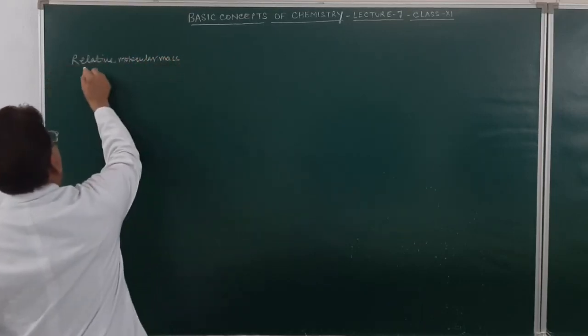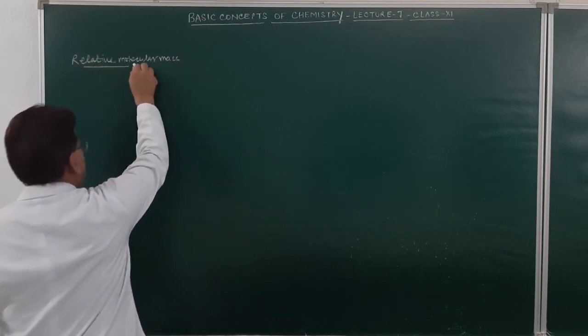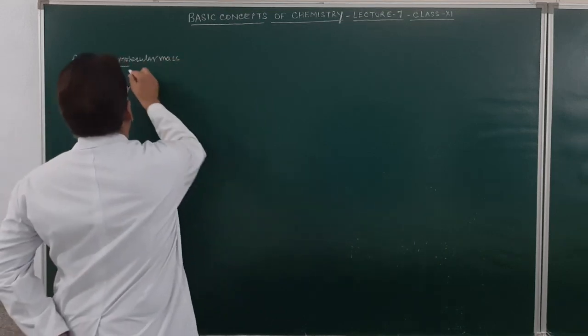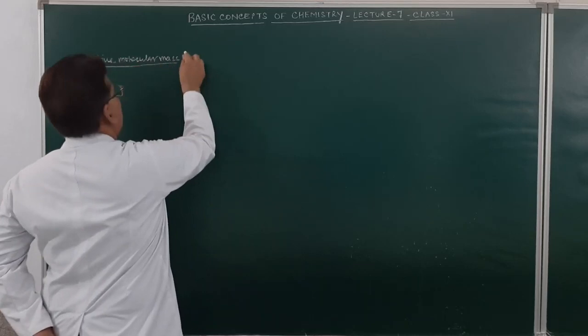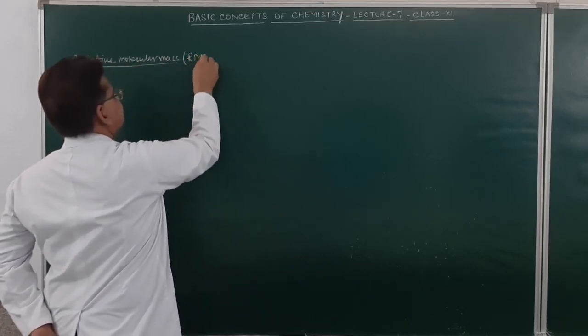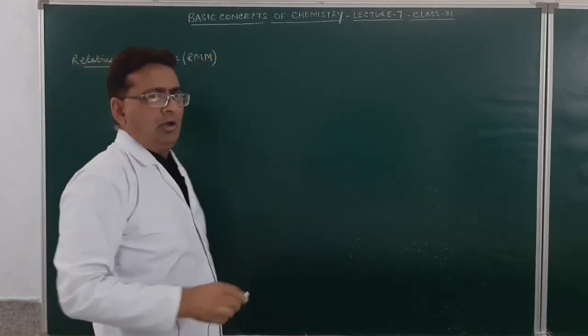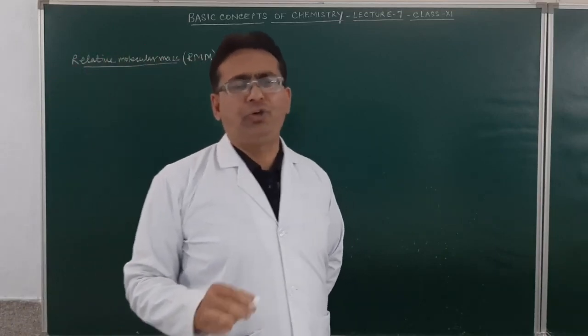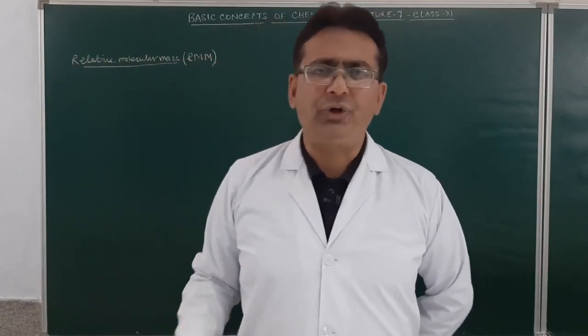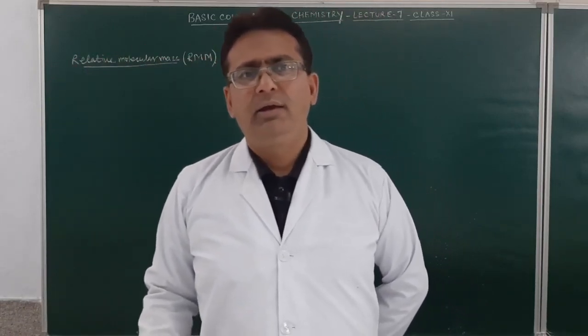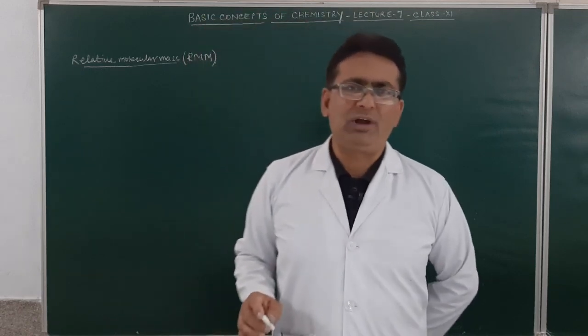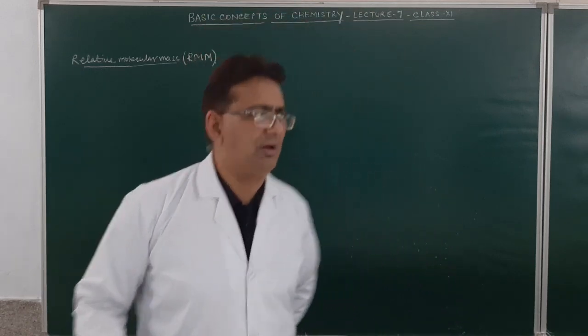Relative molecular mass can be abbreviated as RMM. Relative molecular mass is the ratio of the mass of one molecule of a substance compared with 1/12th mass of one atom of carbon-12.